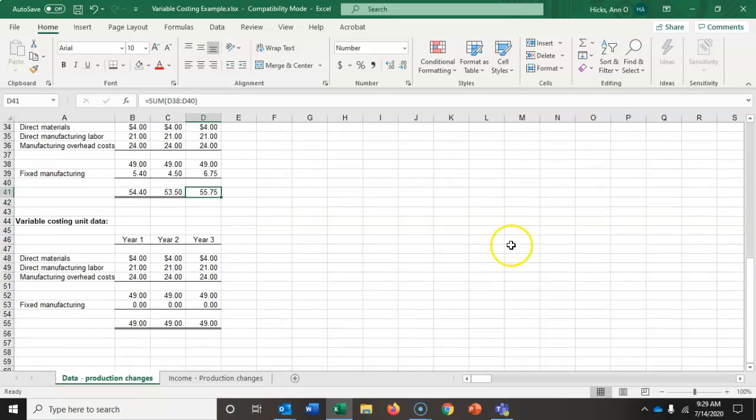Now, variable costing per unit data is very straightforward because, again, we're not allocating the fixed overhead to the data. So for every year, our per unit cost is consistent because it includes only those true variable costs. And so we have a per unit cost for each year of $49.